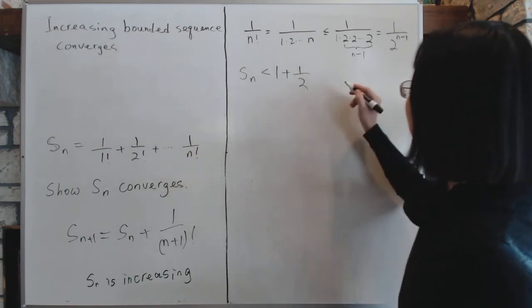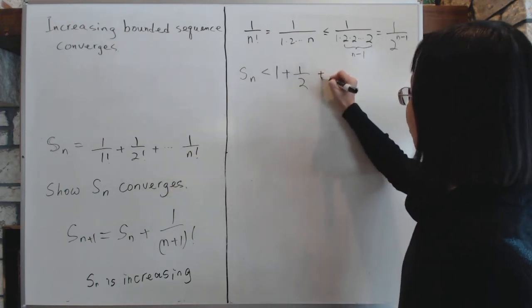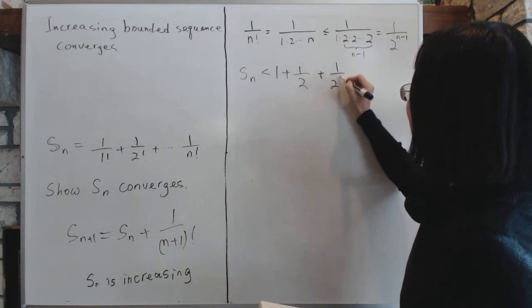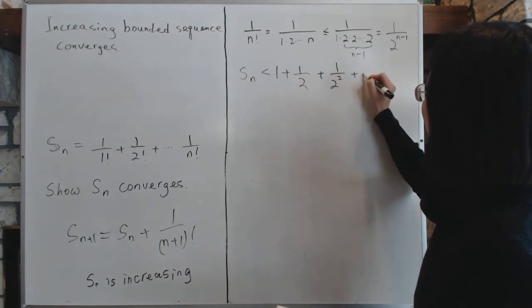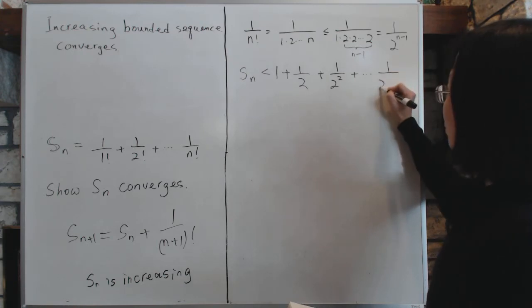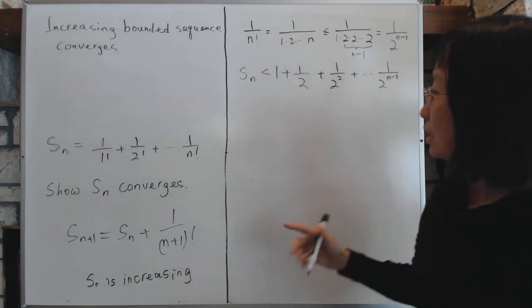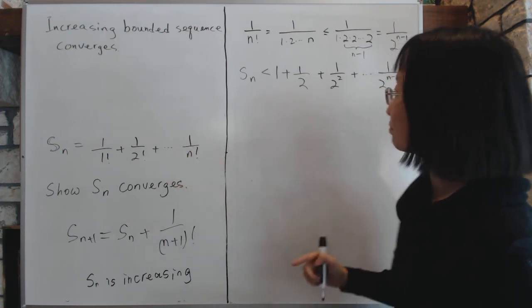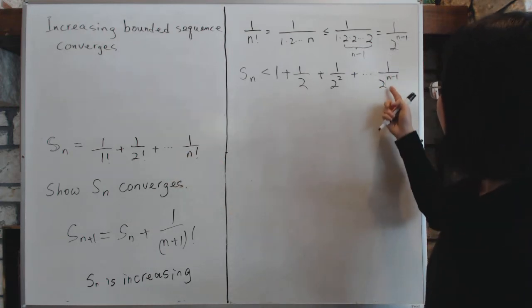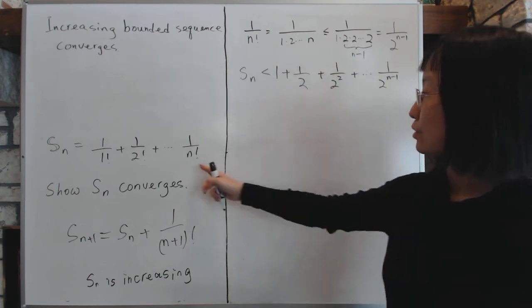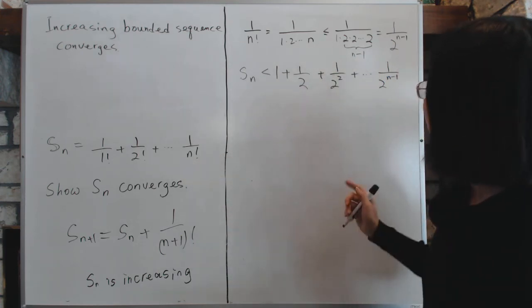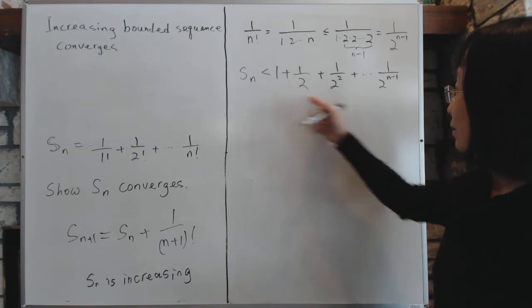Starting at 3, we will start being able to control it, which is 1 over 2 to the second power, all the way up to 1 over 2 to the power n minus 1. Each term is smaller than the next, and as we have shown, 1 over 2 to the power n minus 1 is less than 1 over n factorial. So then this is a bounded sequence.